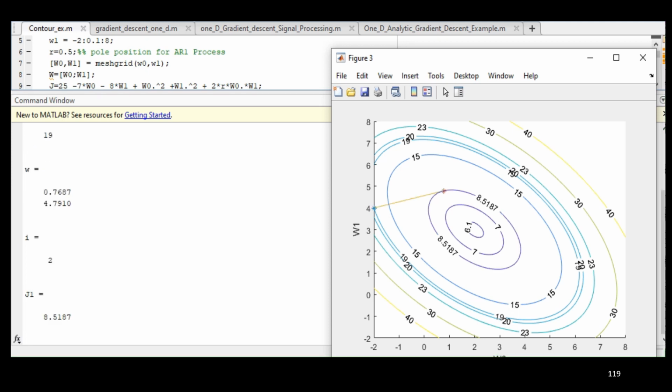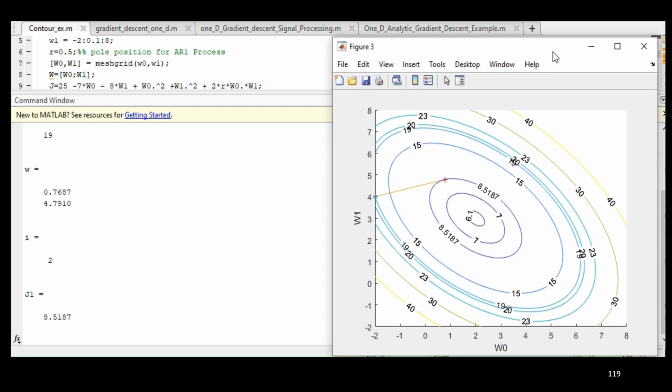You see, the next step will be here. And you see, this is the optimal point. So you see, it is coming gradually.